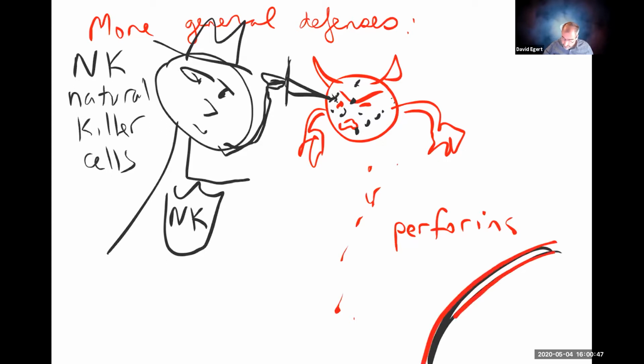These perforins are these little proteins that the natural killer cell will start inserting in the membrane of the target cell. And you insert them and they actually start assembling kind of like staves of a barrel, and they become ultimately a tunnel that is now a hole in the wall of the target cell.